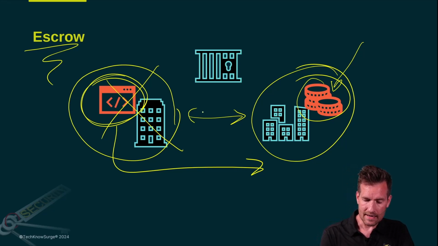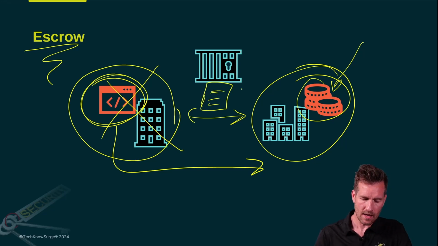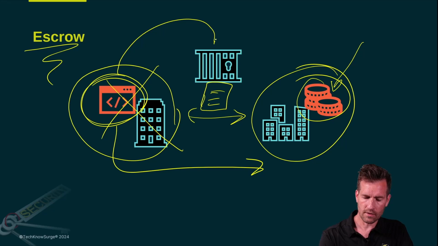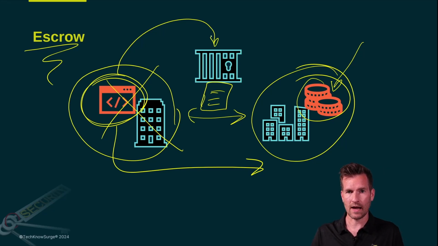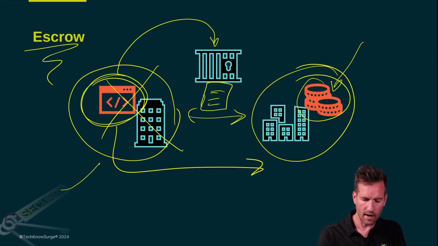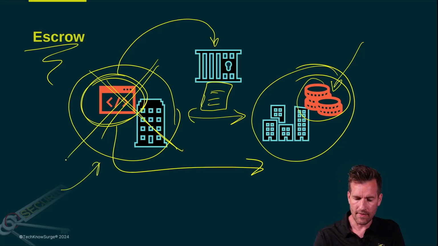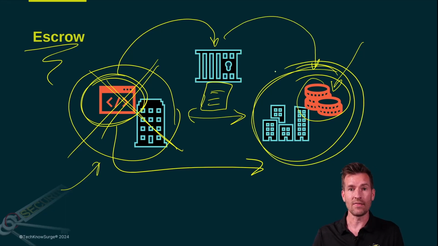So within the contract we signed about this partnership, we would turn over the code to an escrow account. I would actually package up this code in removable media and send it off to this third-party escrow account, and it would be stored there. If the company I worked for were to go under, that code would then be released to this other company so that they weren't in danger of losing their business.